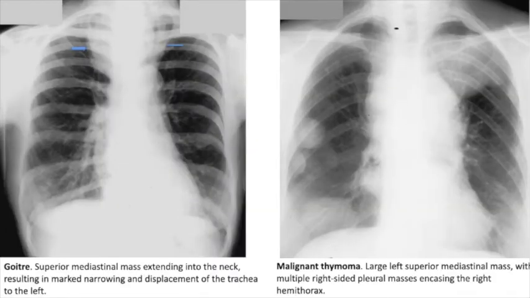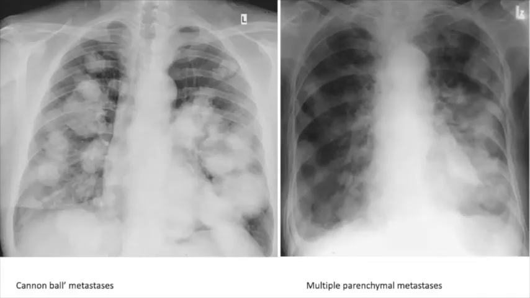Another type of consolidation or opacity is a goiter. In this case, you can see the superior mediastinal mass extending to the neck. It's very important to know that. On your right is another example, a malignant pneumonia. See all the opacities with metastasis in this case. This is an example of opacification.